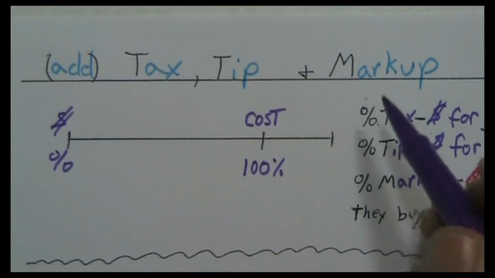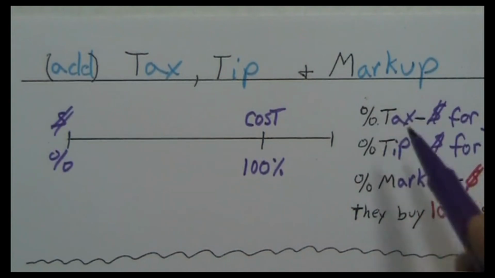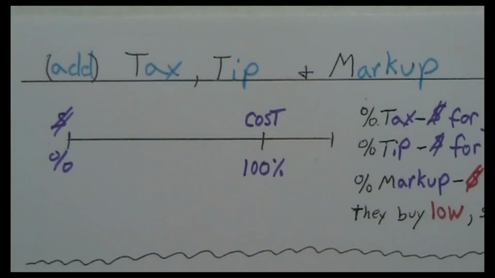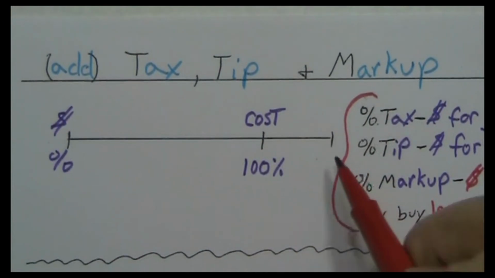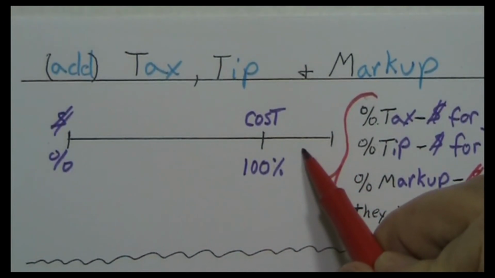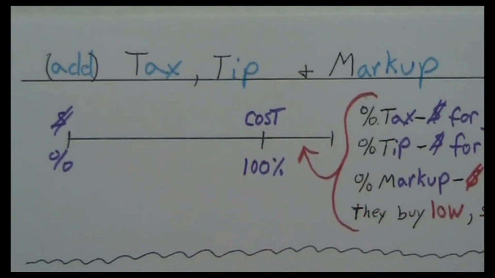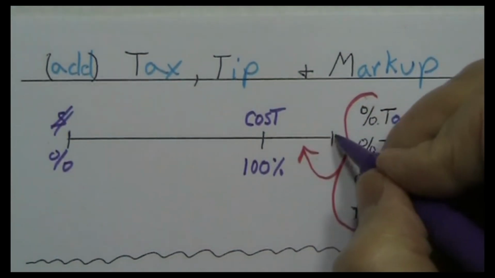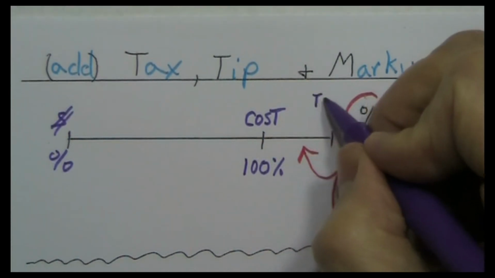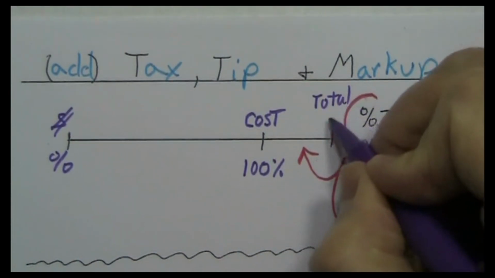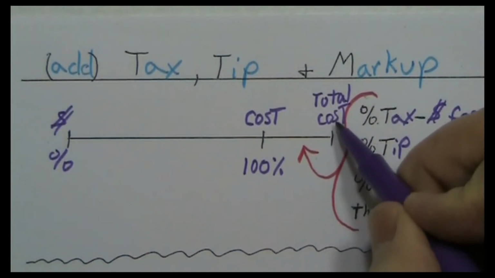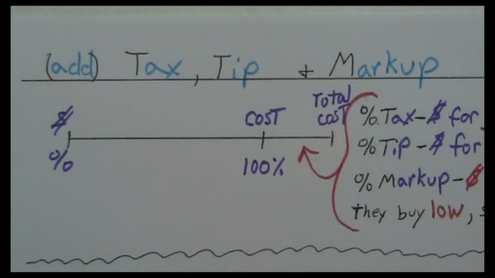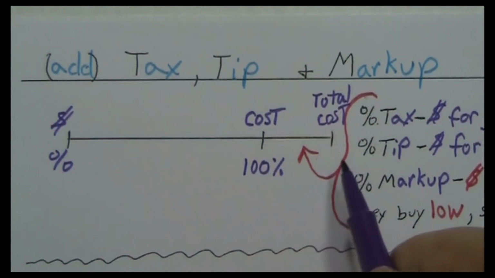But then we're going to add some percent for either the tax, tip, or markup, and that will give you the total cost. And that's what that is, total cost. So it's going to cost you more.